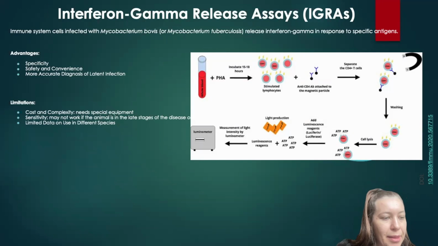This method is based on the fact that immune system cells infected with M. bovis release interferon gamma in response to specific antigens. These antigens are not present in the mycobacteria used in vaccine, making IGRA more specific for diagnosis of active or latent tuberculosis.